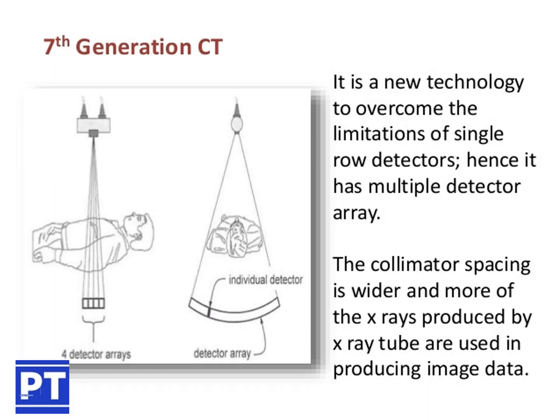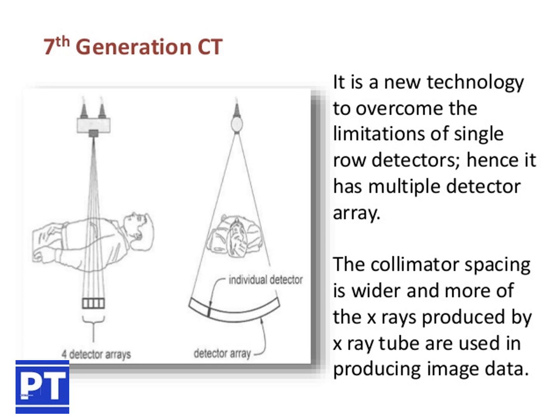7th generation CT. It is a new technology to overcome the limitations of single row detectors. Hence it has a multiple detector array. The collimator spacing is wider and more of the X-rays produced by the X-ray tube are used in producing image data.